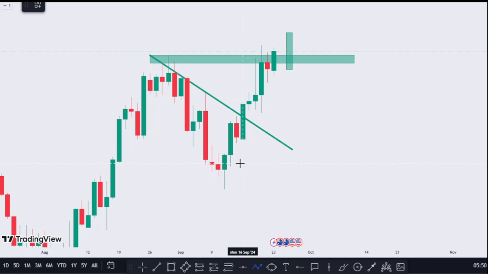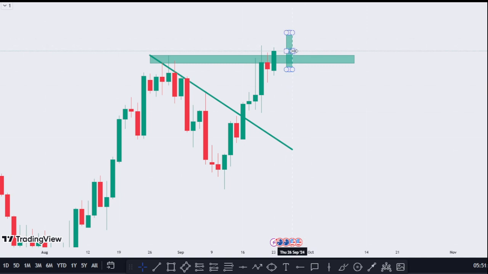It's now a downtrend line breakout. So whenever you see a downtrend line breakout like that, it shows that the price is about to start moving in the opposite direction. Right now, the buyers are the ones in charge of the market now.